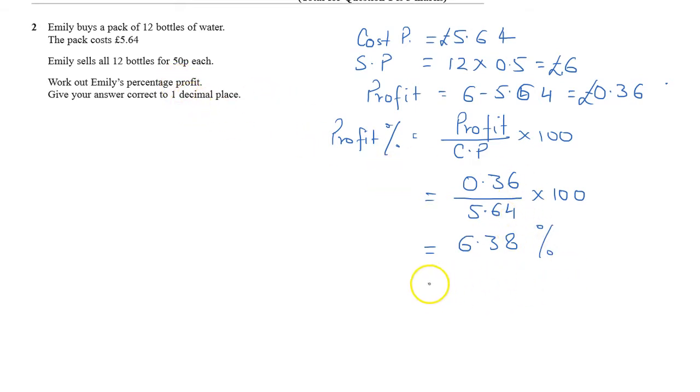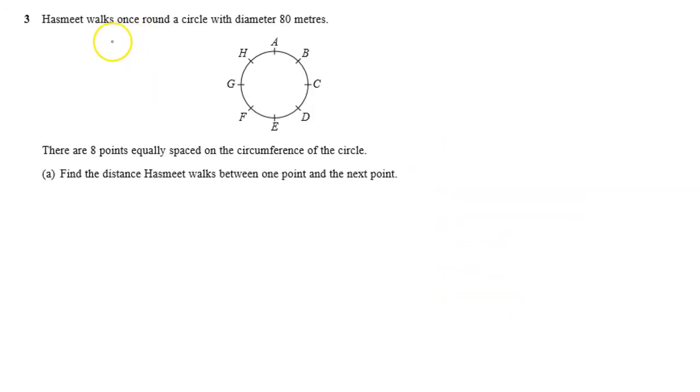One decimal place, so it is equal to 6.3. This is bigger than 4, so we increase this. So the answer is 6.4. Profit percent is 6.4, so Emily is making 6.4%.